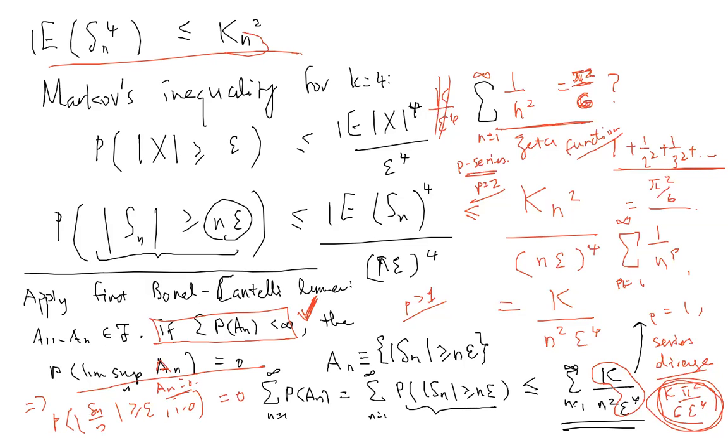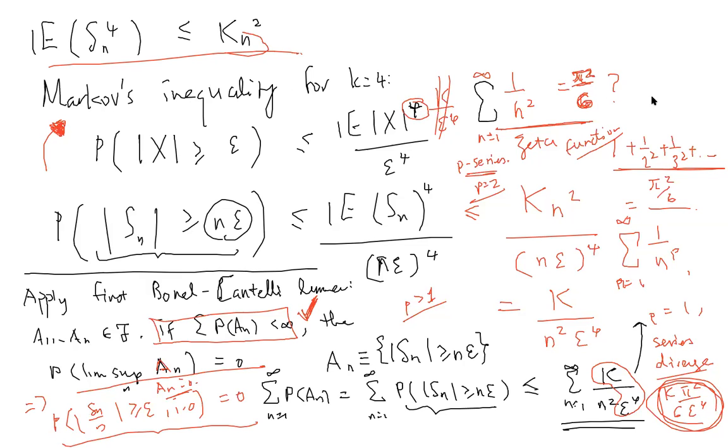So you can see here that the way to prove this result connects several important things. It first makes use of Markov's inequality, but at some unexpected power, the power of 4.